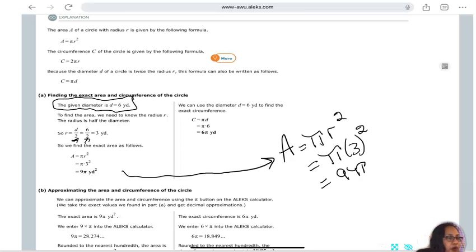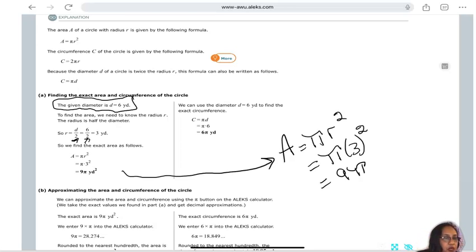They're asking for exact area, and then they're asking for the exact circumference. So either remember that the exact includes pi in the answer, or you can remember that the approximation does not include pi. So you have to try to think to yourself what makes it easier, okay?